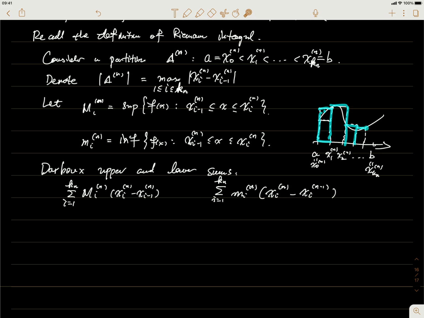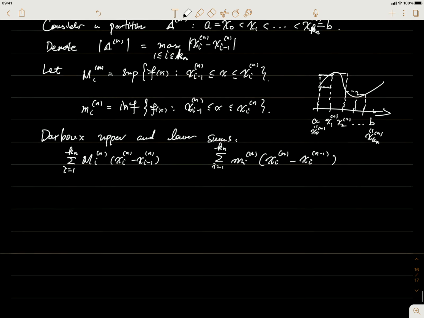For each interval, just take the maximum value you can. So it's an overestimate of the integral, and that is the upper sum here. And similarly, the lower sum on every interval takes the smallest value. So you have this, and then this, then this. So this is an underestimate of the integral, and that's the lower sum here.